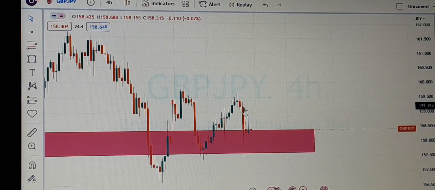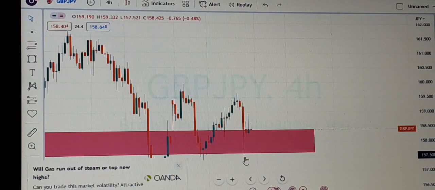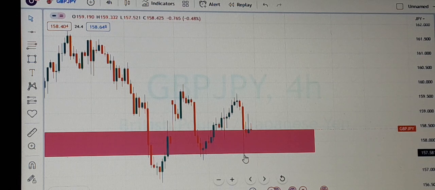You see, we had a bearish candle that came and tried to break this zone, but the zone still had to hold on, and we had what we call a pin bar. A pin bar is a candle that has almost a quarter of its body from where it started.